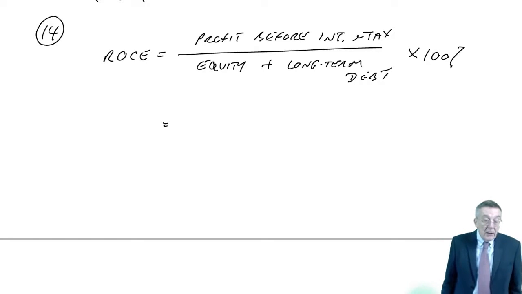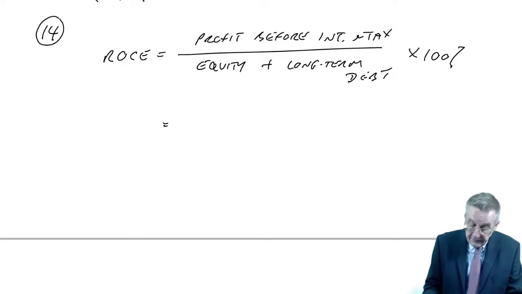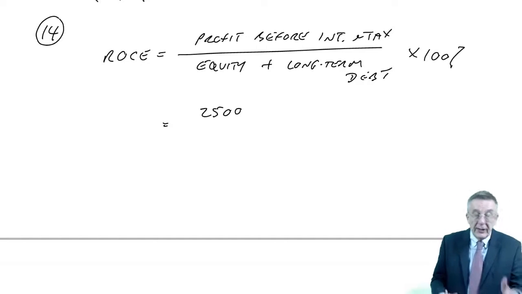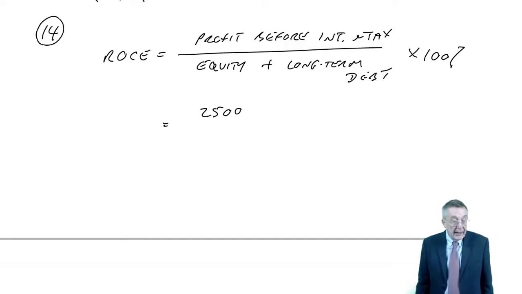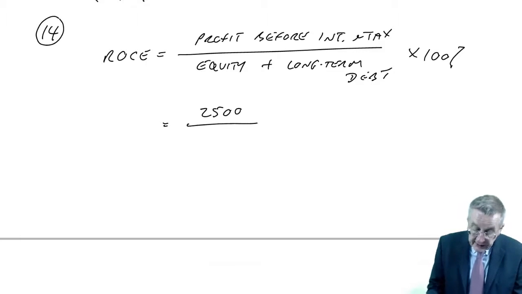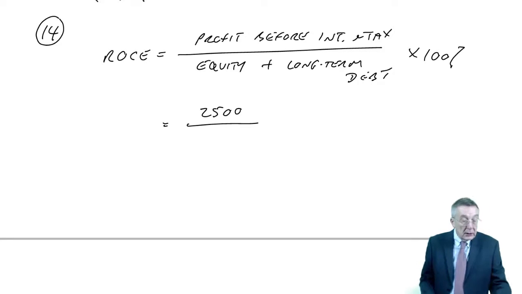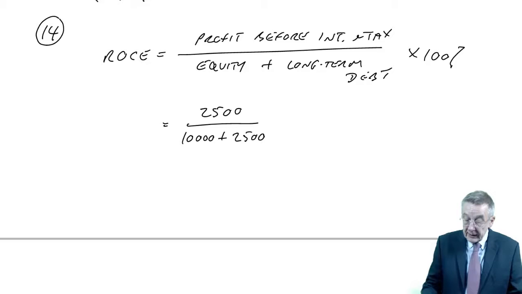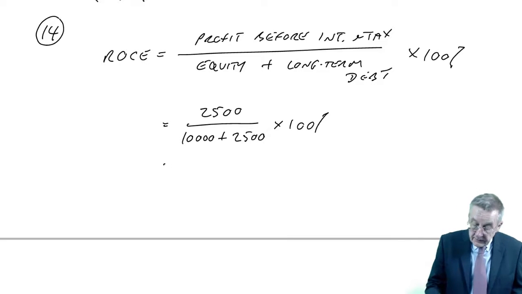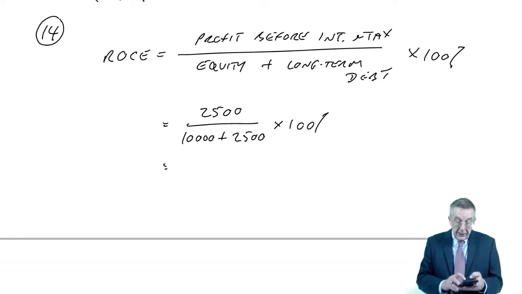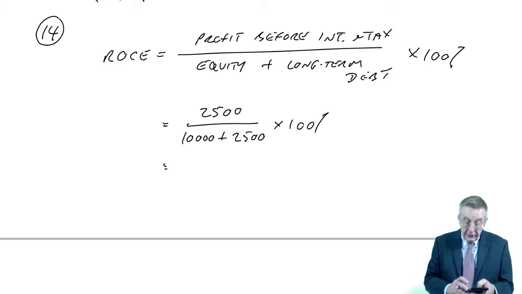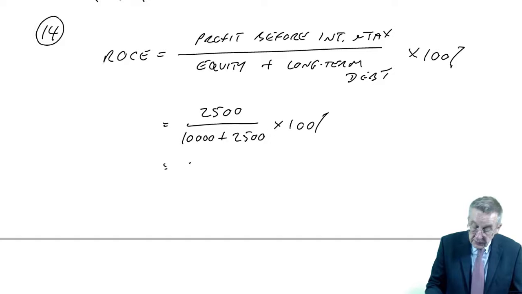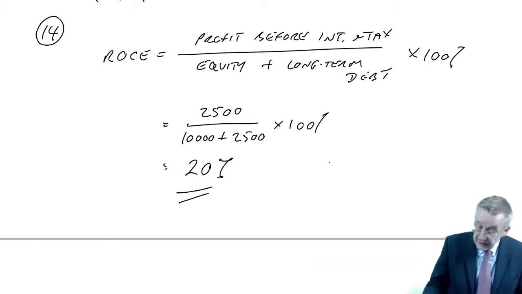Profit before interest and tax, 2,500. It's in thousands, but not worried there. And the statement of financial position, the total long-term finance, equity 10, non-current liabilities 2.5, so 12.5. And what does that come to? 2,500 divided by 12,500. 0.2, 20%. Yes, C.